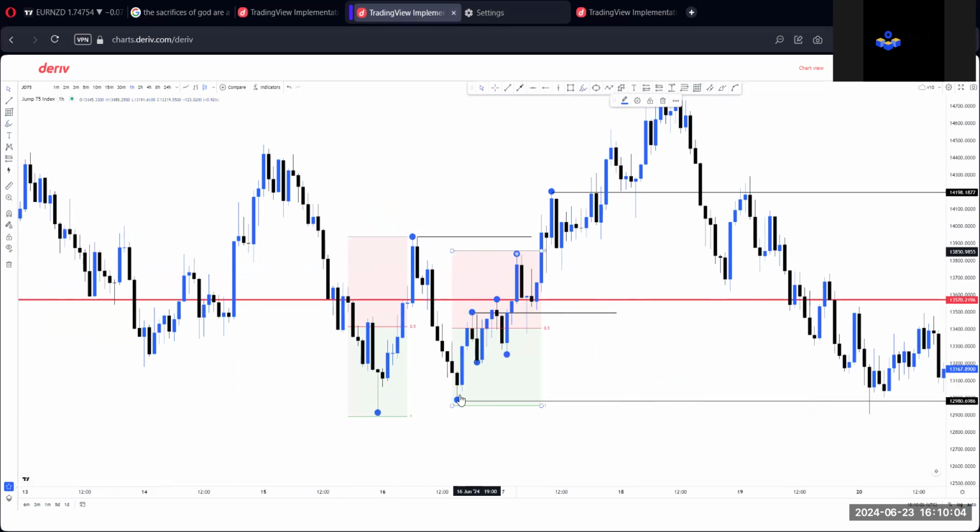So after price broke this high, it returned into the range, and look at where it came. Let me put it here. Price left the top zone, came to the bottom before buying.